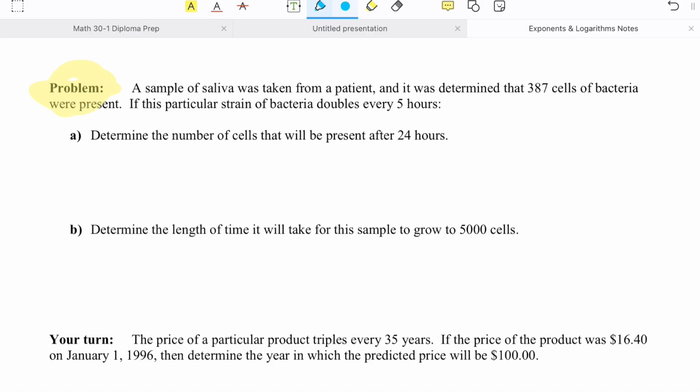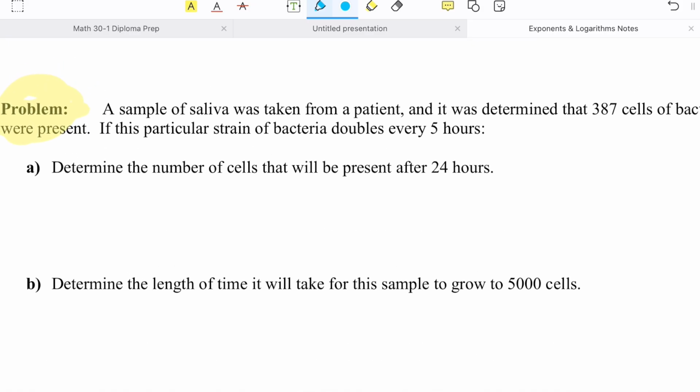Do you guys remember we talked about y is equal to a times b to the power of t over p? We did that yesterday. Period is p. T is the total time we take. B is if it's doubling or not. A is your initial amount of cells, and y is what you're calculating.